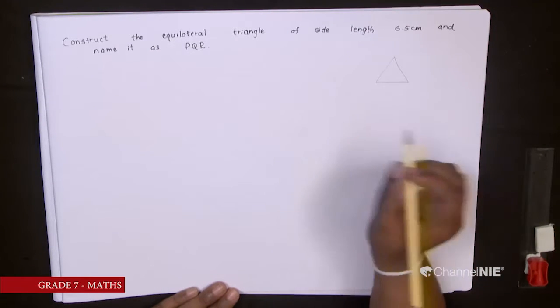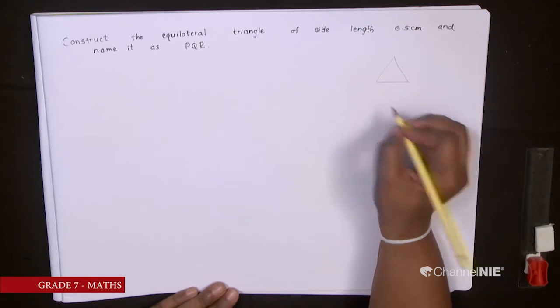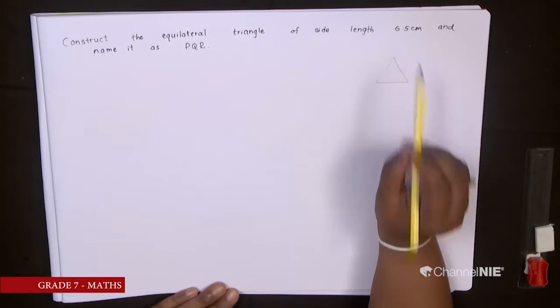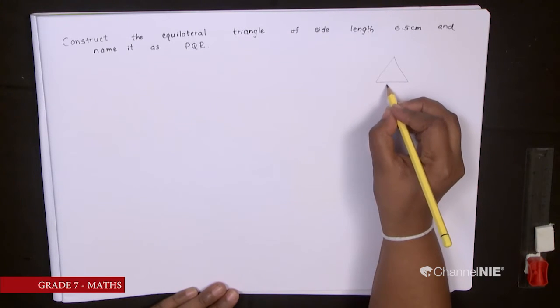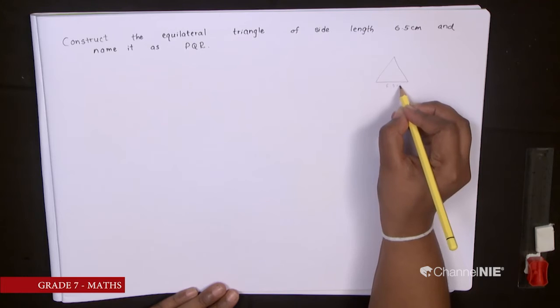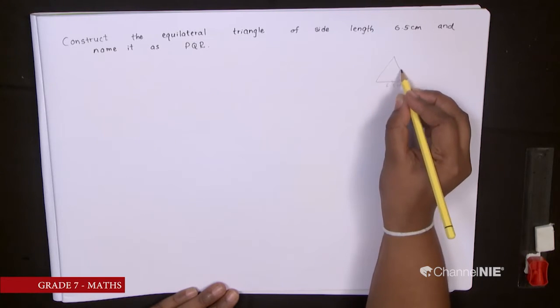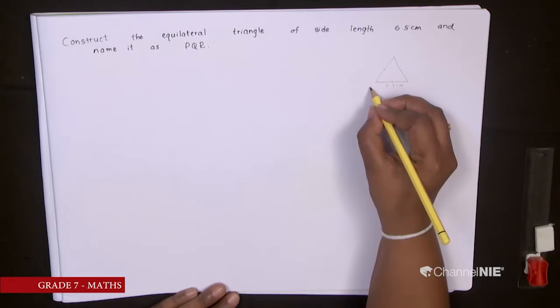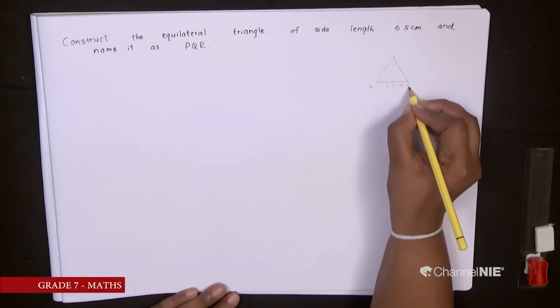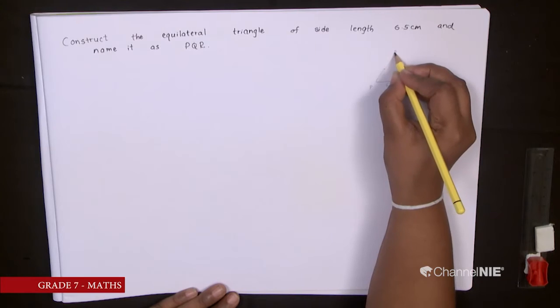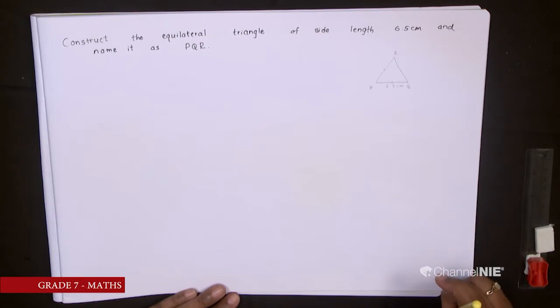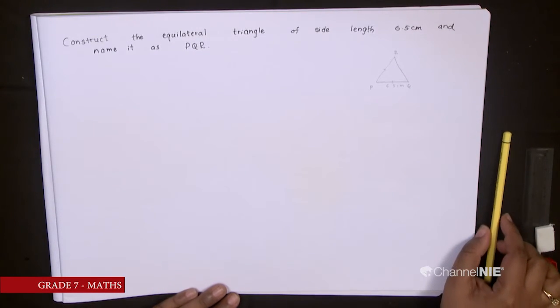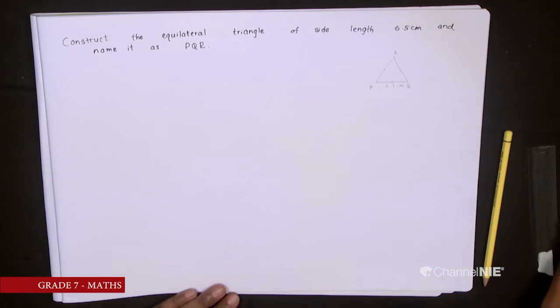The name of the equilateral triangle is PQR and the side length is 6.5 centimeters. So, side length is 6.5 centimeters. All the sides should be equal in length and the name of it should be PQR. Right. Now, we are going to construct this equilateral triangle.